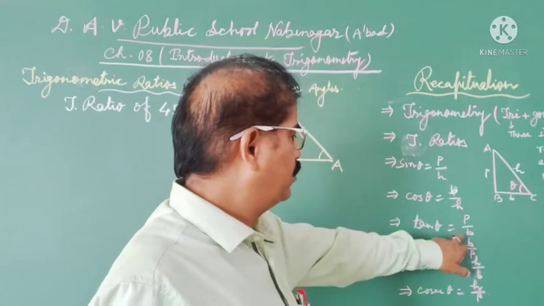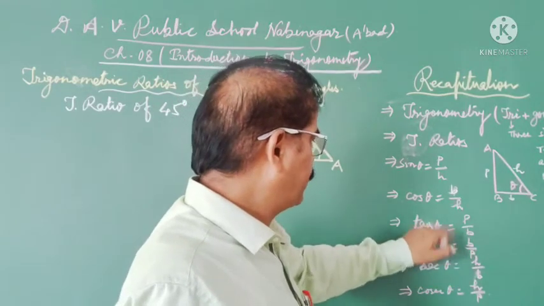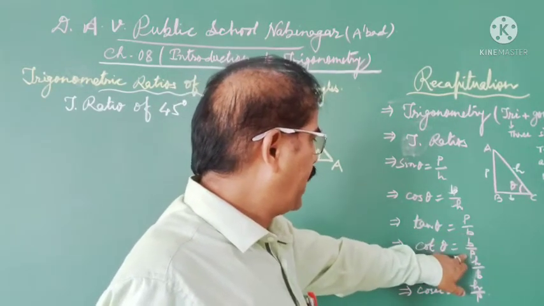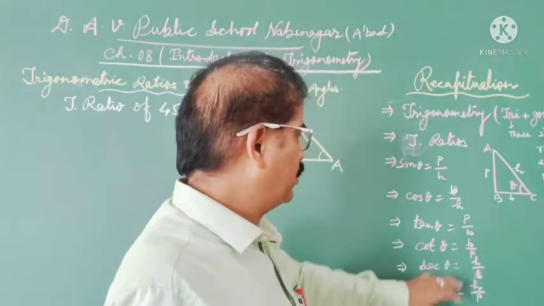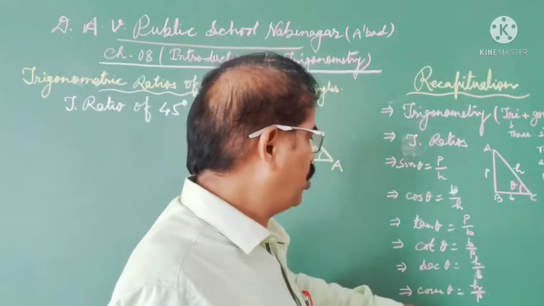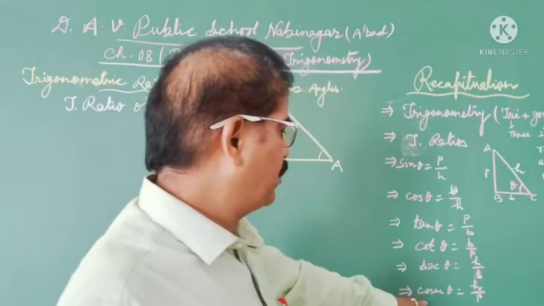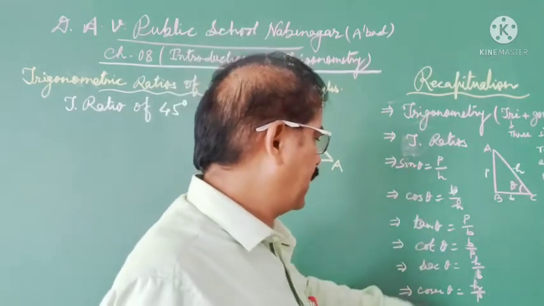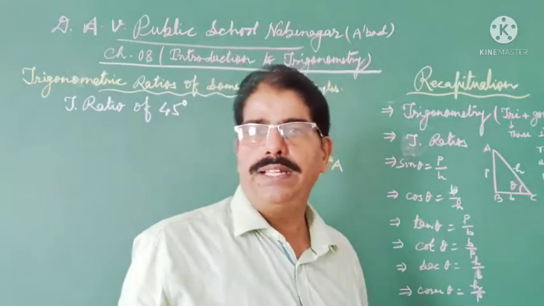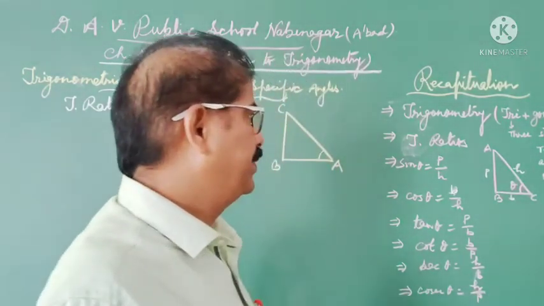Cot theta equal to reciprocal of tan theta, that means B by P, and sec theta equal to reciprocal of cos theta, that means H by B, and cosec theta equal to reciprocal of sin theta, that is hypotenuse by perpendicular.